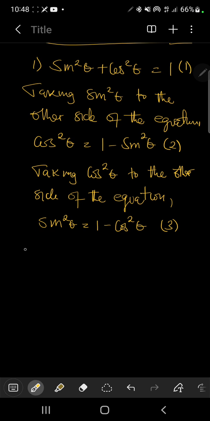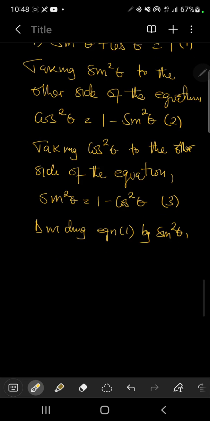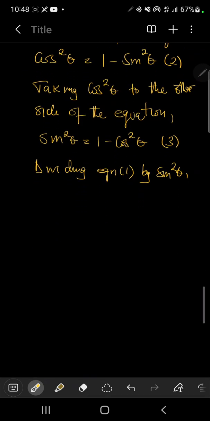Then we can also come up with another one, because we have our equation 1 there. Dividing equation 1 by sine squared theta, we get: what is our equation 1? Our equation 1 is sine squared theta plus cos squared theta is equal to 1.